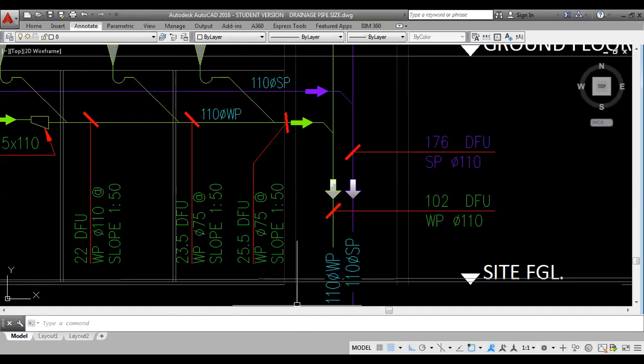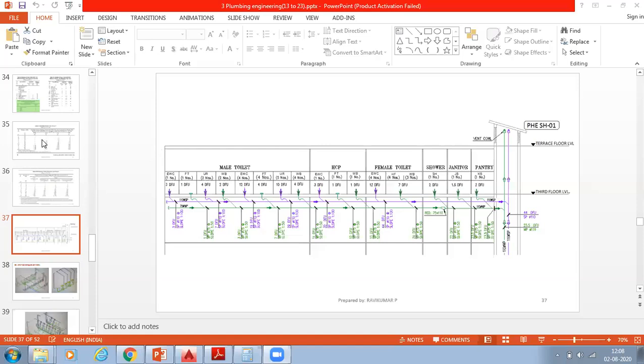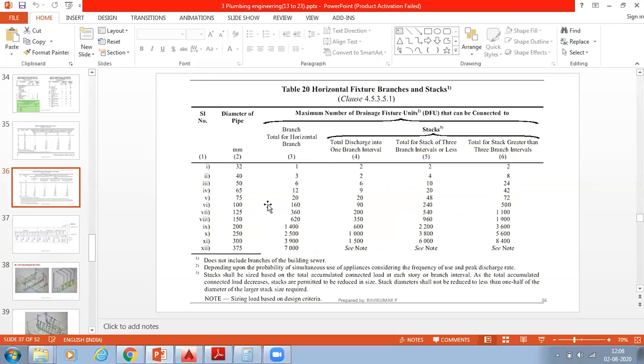So if you see the table, for the more than 3 branches, for the 110 mm pipe, 500 fixture units you can connect.